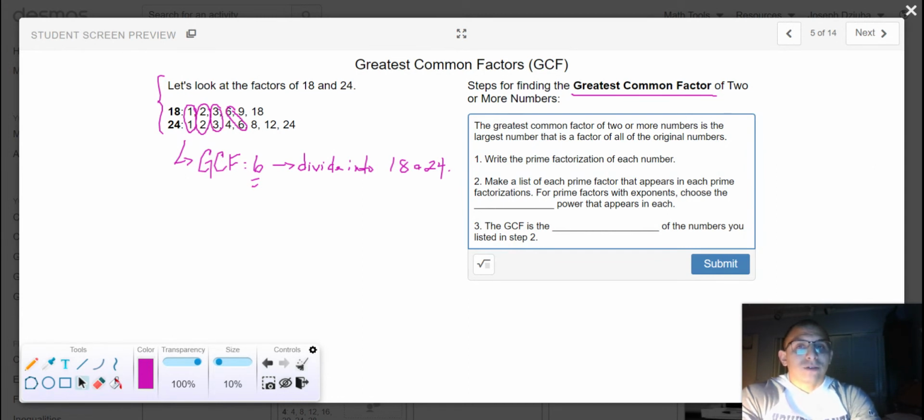For prime factors with exponents, let me demo the prime factorization while we're typing this. So 18 has a prime factorization of 3 squared times 2, and 24 would be 2 cubed times 3.